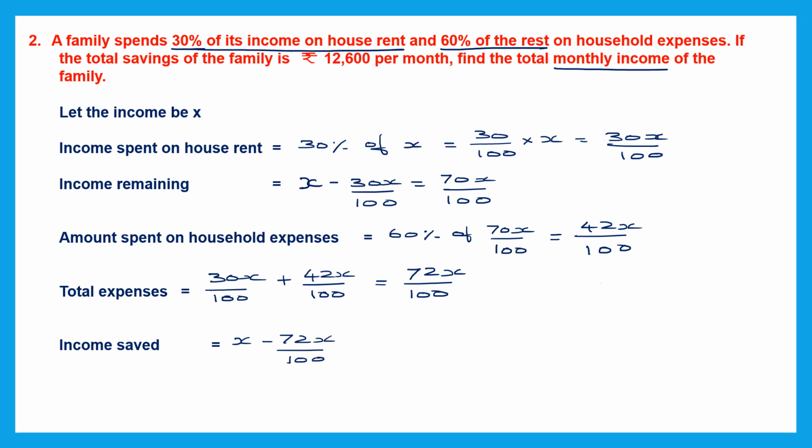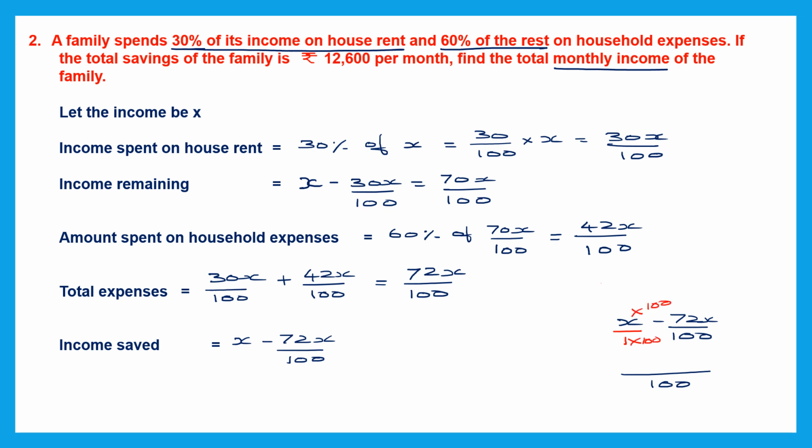So this also let's calculate. So x minus 72x by 100. So here also let's give this the denominator 1, and now our LCM is 100. So for the first fraction, 1 into 100. So we multiply x also by 100.